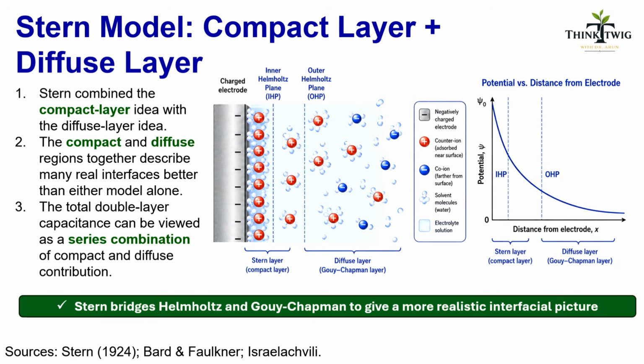Real electrodes are not perfectly flat. Their surfaces may be rough, chemically non-uniform, and highly porous. The electrolyte may also behave differently inside very small pores. So classical models help us build the understanding, but real supercapacitor electrodes require additional factors to be considered.